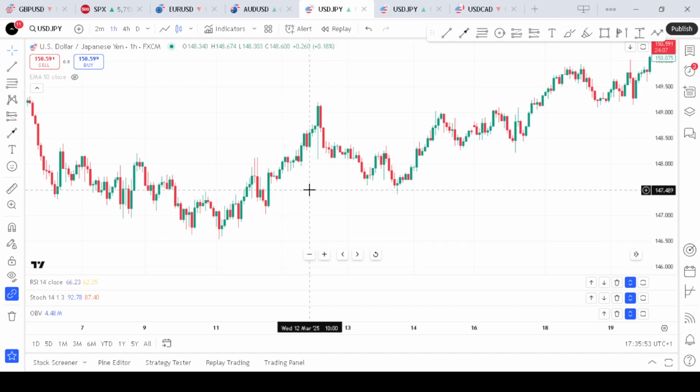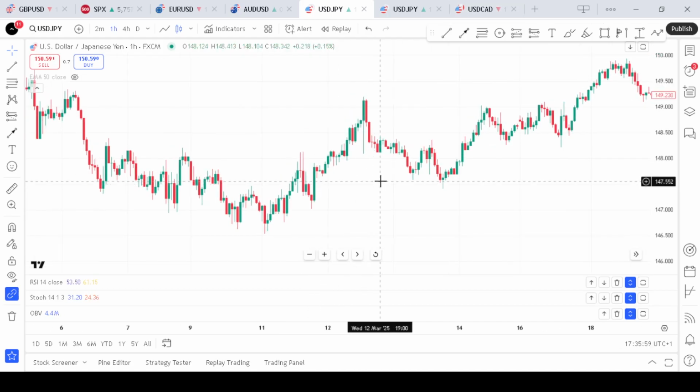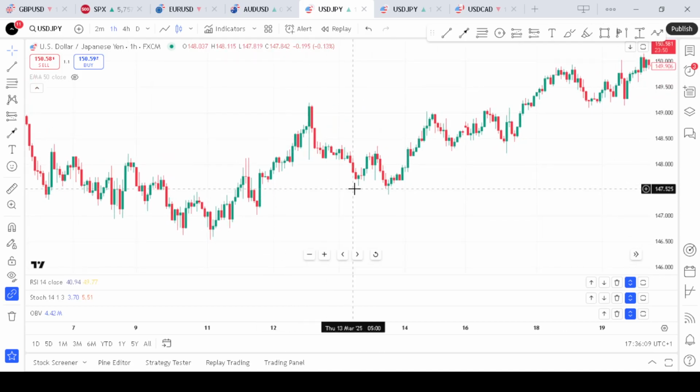So don't forget that leading indicators are tools used to predict future price movement in the market, unlike lagging indicators which confirm trends after they have begun. Leading indicators provide early signals of potential reversals or new trends.